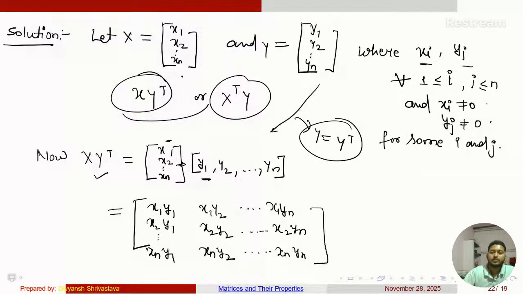When we multiply the two matrices, it comes out like that.